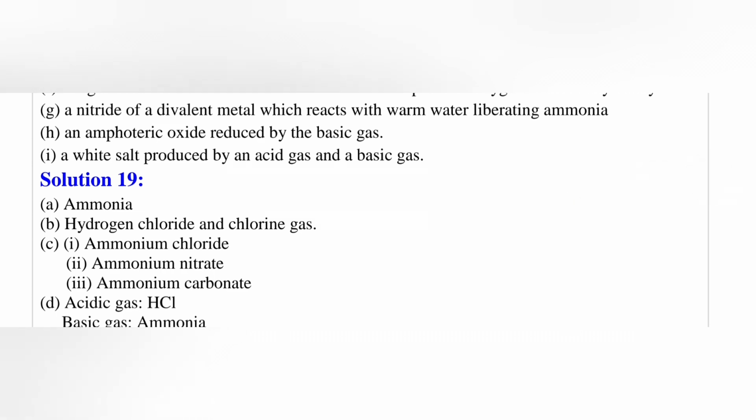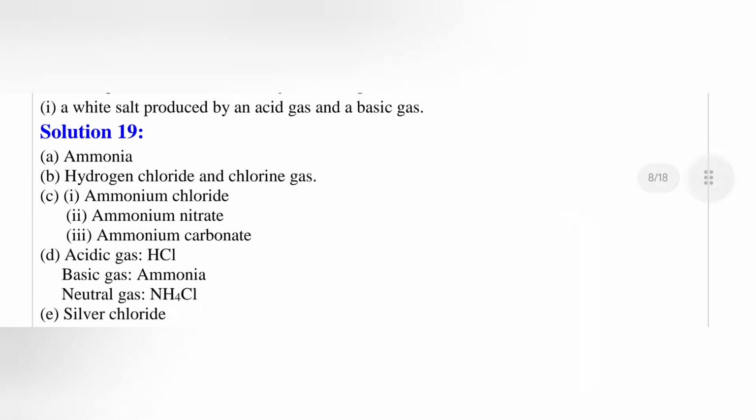An acid gas which reacts with a basic gas to give a neutral salt: the acid gas is hydrogen chloride and the basic gas is ammonia. When they combine, they form ammonium chloride.